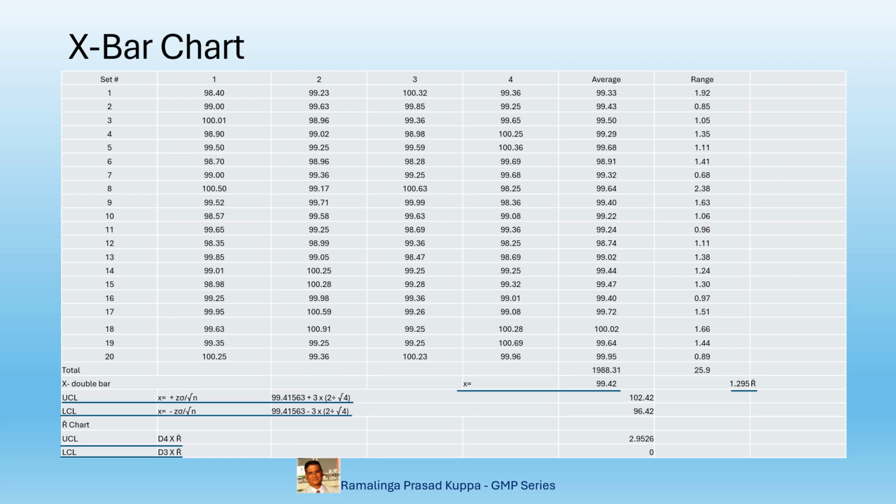For a sample set of 5, the D4 value will be 2.11. It is adequate if you take 4 or 5 samples in a set. More than 5 is generally not recommended. These are derived values for X bar charts with X double bar values and R charts with R bar values.